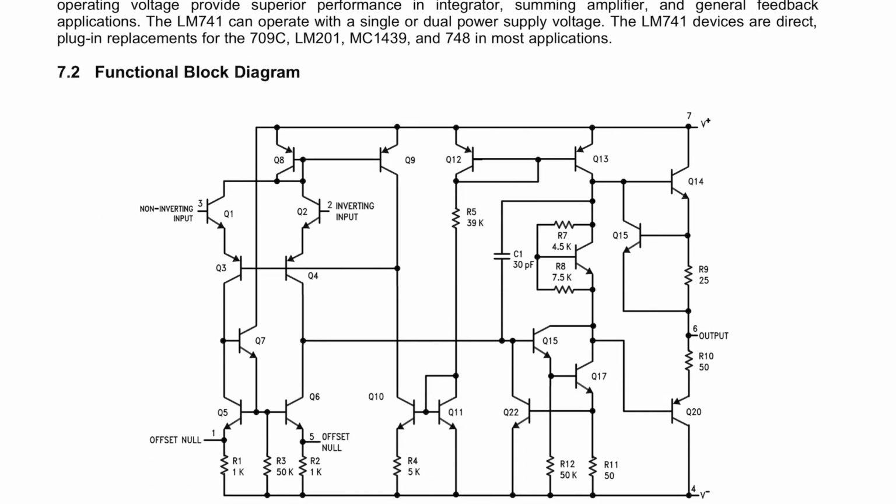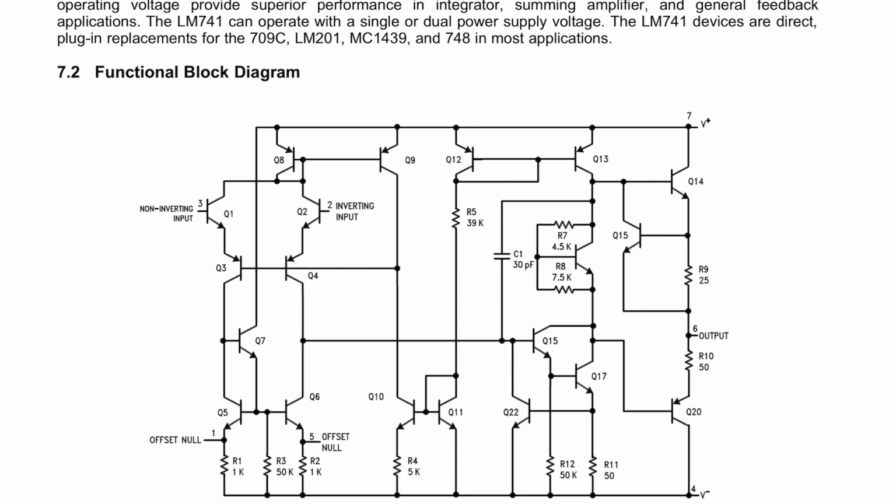Now this particular diagram shows that this amplifier is created using BJTs, bipolar junction transistors, and you can see there are NPN and PNP transistors, resistors and some capacitors in this particular amplifier.